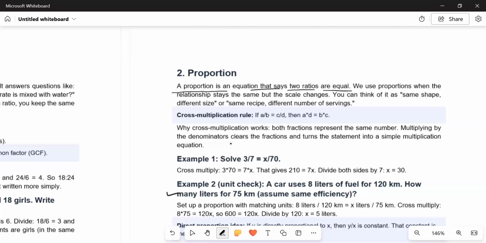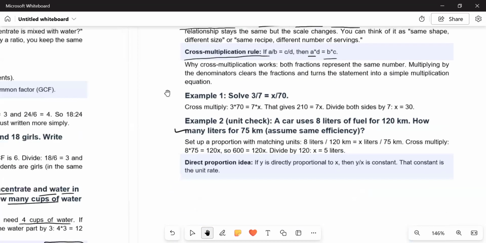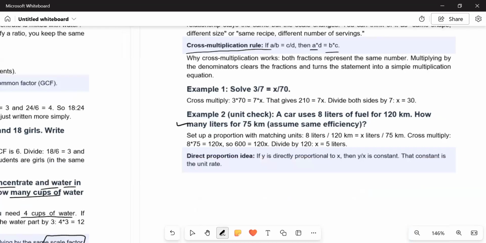And in proportion, to figure out an unknown variable or unknown quantity, we use the cross multiplication, and it also helps us to check if the proportions are okay. If both the left hand side and right hand side match, they are okay. So there is an example. You have to find out x. So we do cross multiplication and we can easily get x.